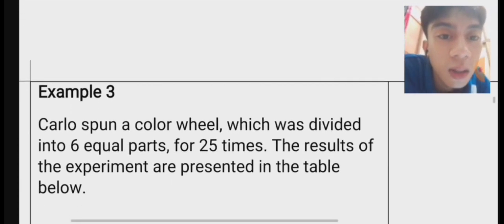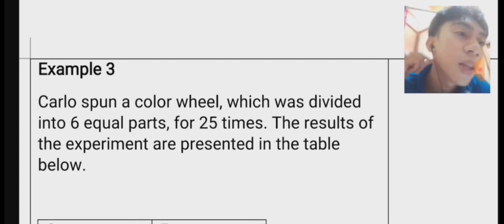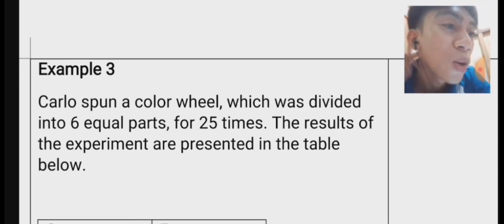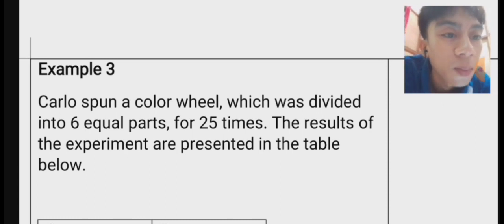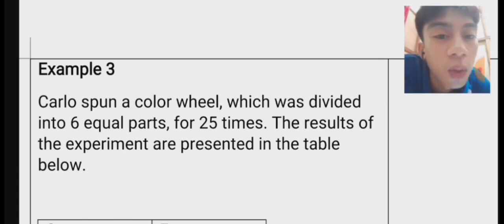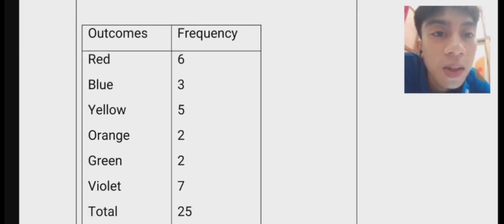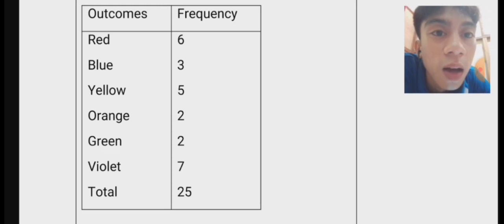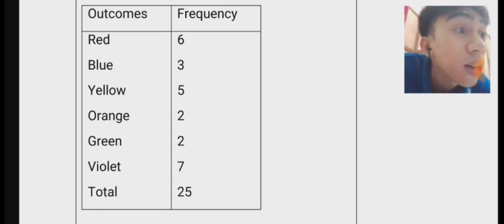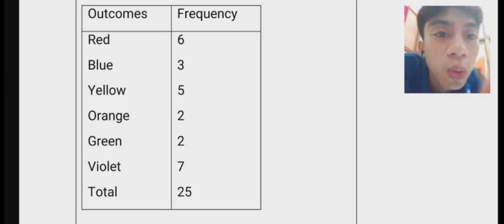Let's have example number 3. Carlos spun a color wheel which was divided into 6 equal parts, 25 times. The results of the experiment are presented in the table below. The outcomes are the colors: red, blue, yellow, orange, green, violet.